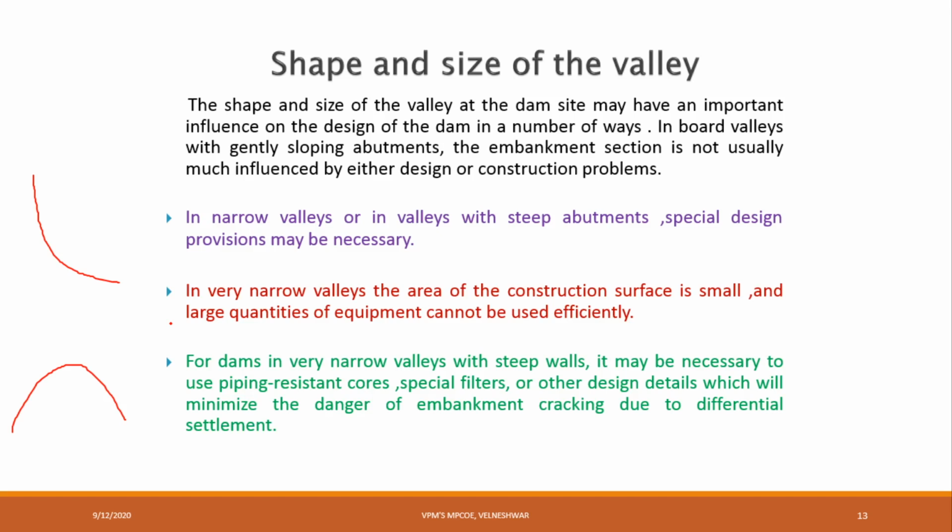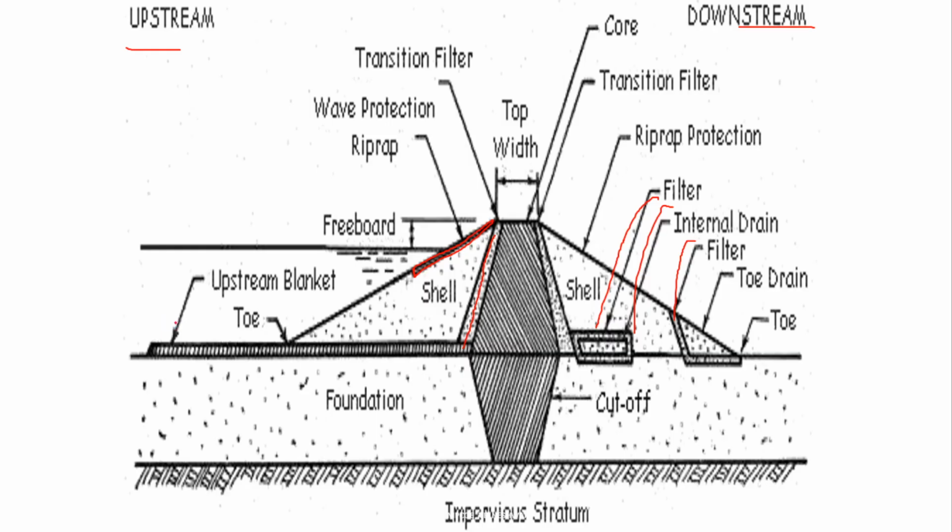Here we can use piping resistant cores, special filters, or other design details which minimize the danger of embankment cracking due to differential settlement. Mainly we will face the problem of settlement, due to which there is a chance of cracks occurring in our embankment. To control this, we can provide special filters. See here, he is providing a filter like this.